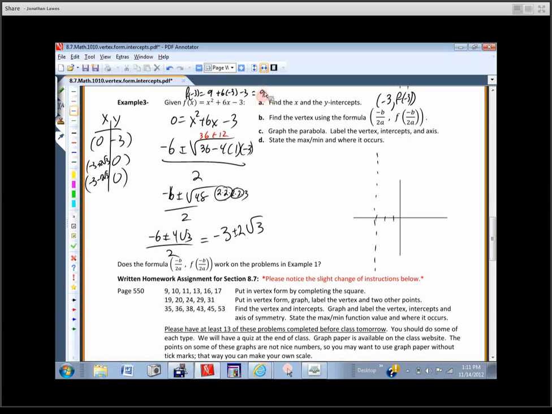That's going to be 9 minus 18 minus 3. So that's going to be negative 12. So the vertex is at negative 3, negative 12. It's okay that my scale isn't quite right. Let's label this point right here as the vertex. That's negative 3 comma negative 12.